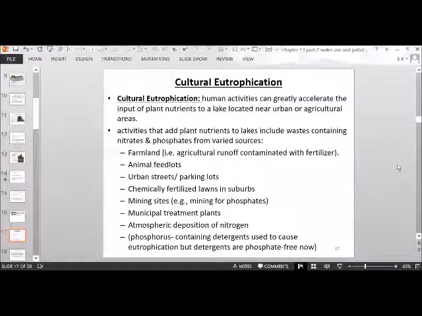Phosphorus containing detergents used to cause eutrophication, but now detergents are generally phosphate free. So that's why that one's in parentheses, because it used to be a major problem in this country. It might still be a problem in countries where they do not have phosphate-free detergents, though.